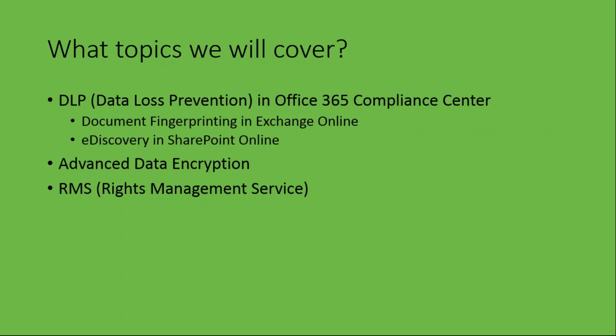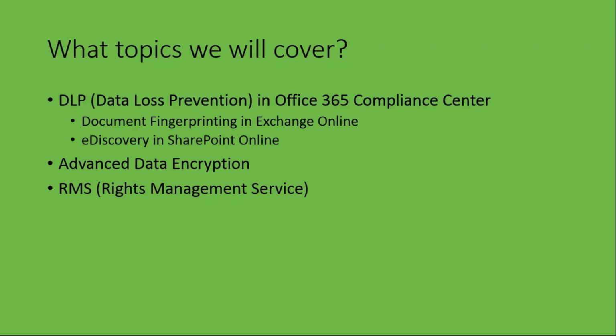And at the end, we will see RMS, Rights Management Service. That means how we can embed the rights and permissions into the document so that even if it is downloaded from SharePoint and you have an offline copy of it, the permissions are still embedded into it, so that only authorized people can see the document, make a copy of it, save it, or print it.